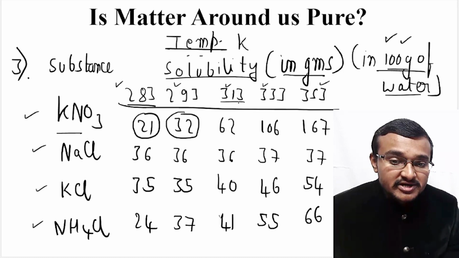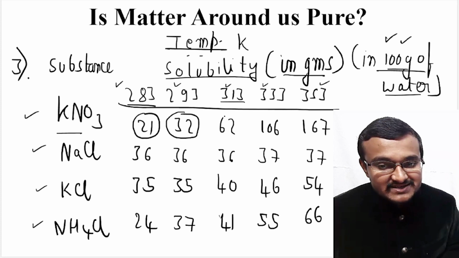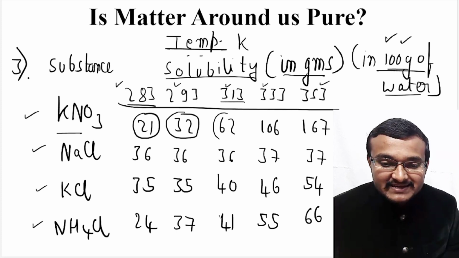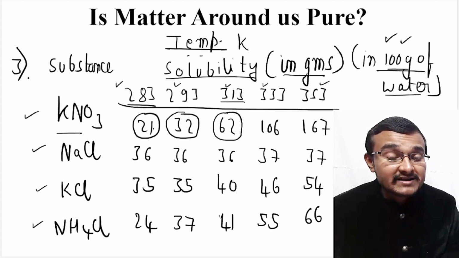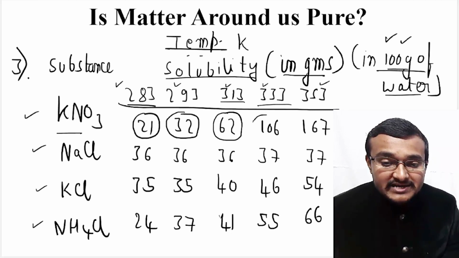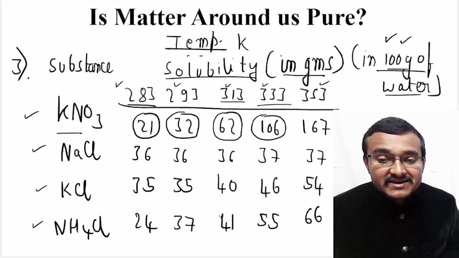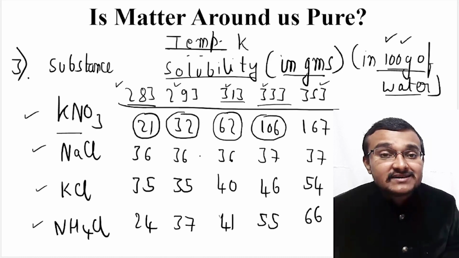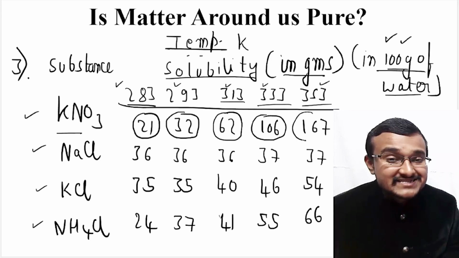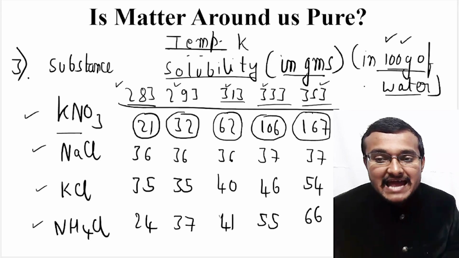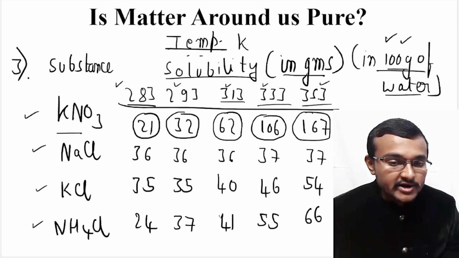If the temperature is further increased to 313, solubility also increases, that is 62 gram of KNO3 can be dissolved in 100 gram of water. At 333 Kelvin, 106 gram of KNO3 can be dissolved in 100 gram of water. All these values are in grams. At 353 Kelvin, 167 gram of KNO3 can be dissolved in 100 gram of water.